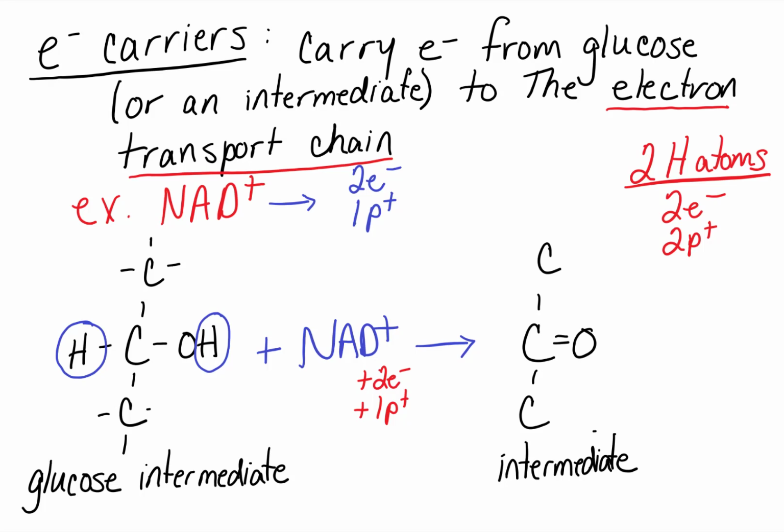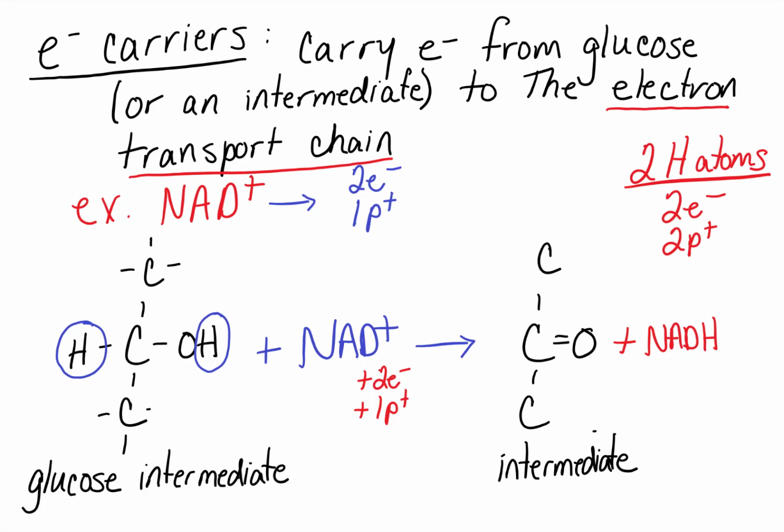By adding 2 negatively charged electrons, we are essentially adding a complete hydrogen atom. So NADH. Okay. 1 electron cancels out the positive charge, and the second electron plus the second proton represent the hydrogen atom. Now we've accounted for the 2 electrons and 1 proton.